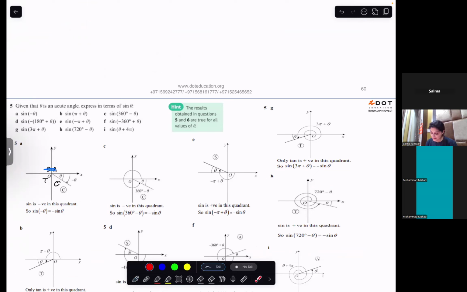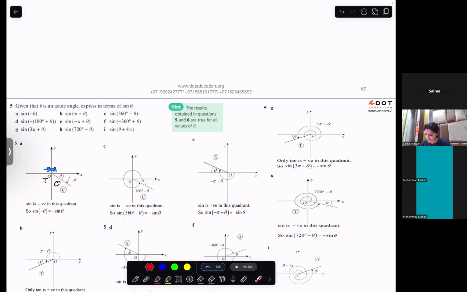I want to express sine of minus theta. If I am going clockwise, I am going in the positive direction. But if I go anti-clockwise, that is the other direction, I represent negative angles. So sine minus theta would be somewhere in this quadrant, where sine is negative.